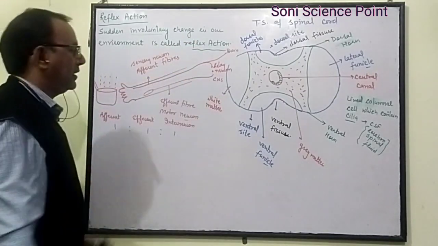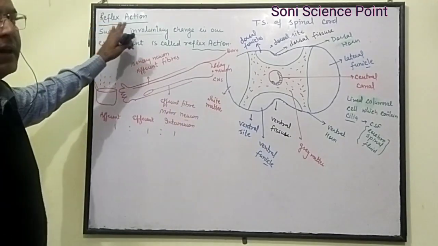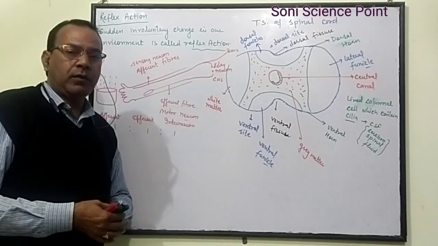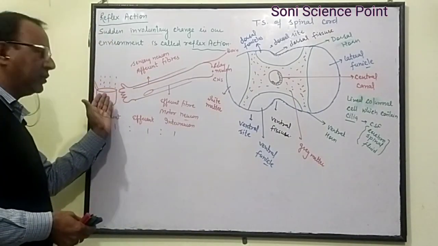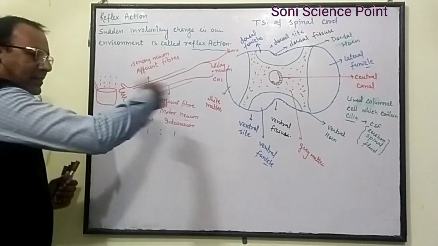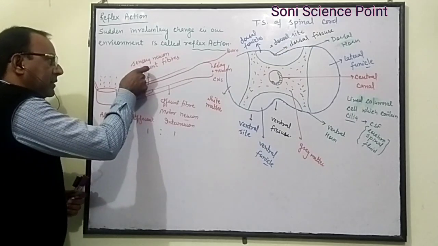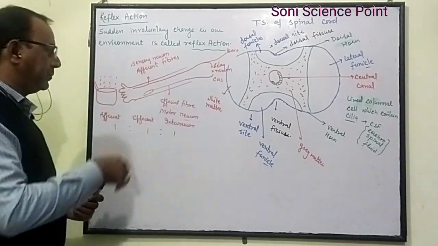It means one of each neuron helps to complete the reflex action. What is reflex action? The sudden, involuntary change in the environment is called reflex action. Whenever we touch a hot thing, we withdraw our hand within a few seconds. This is completed by the sensory neuron, relay neuron and motor neuron.